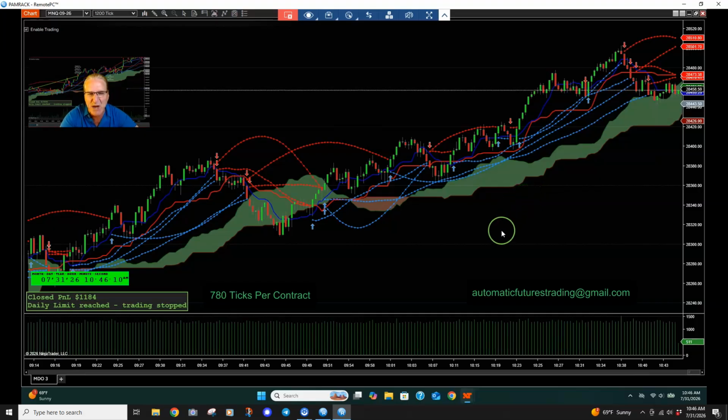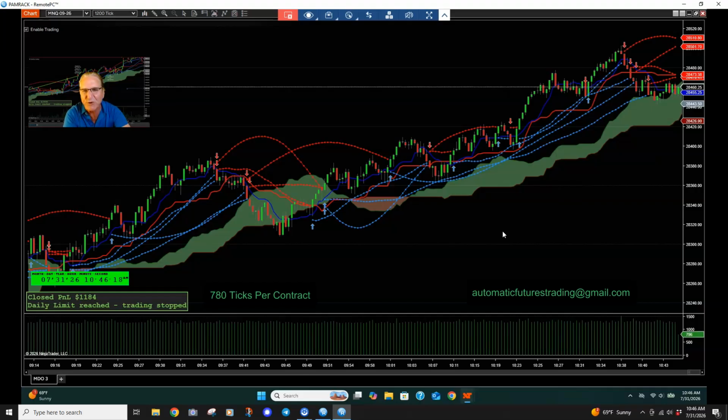I measure the market with my strategies, which always take the same trade at the same time, every time, without fail. Much different than discretionary trading, where you're trying to find the right place to enter and the right place to exit. This one takes the same trade at the same time everywhere. So it's kind of like taking a ruler or a tape measure or a yardstick and measuring the market, my friends.